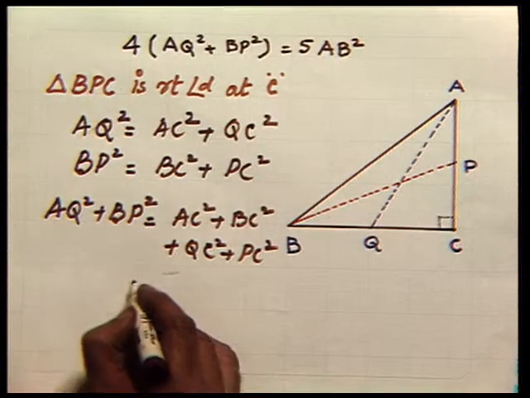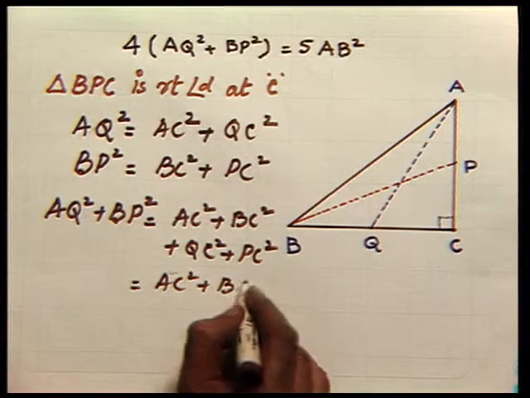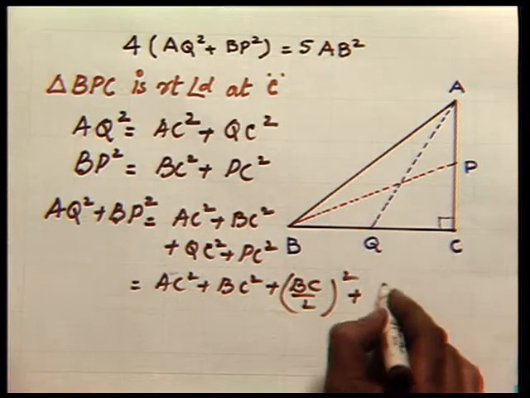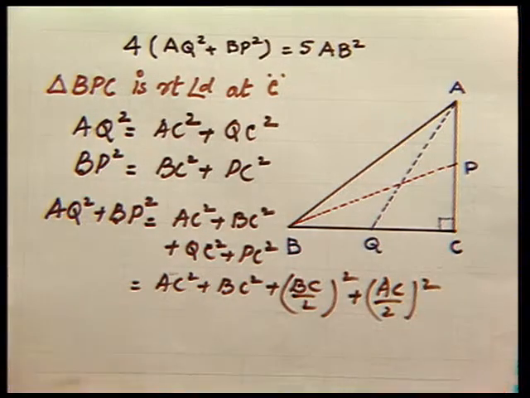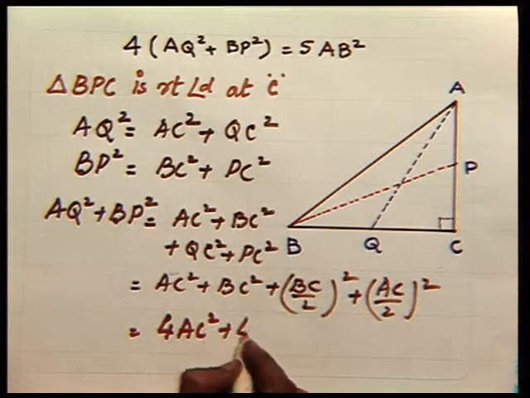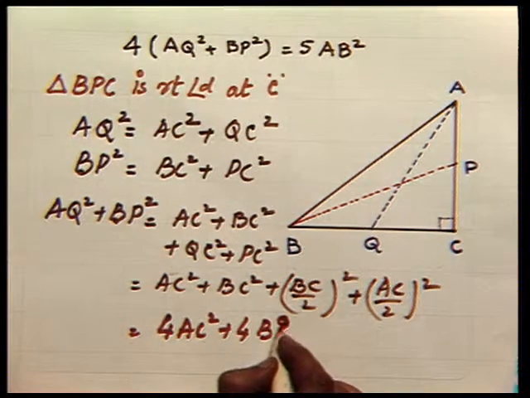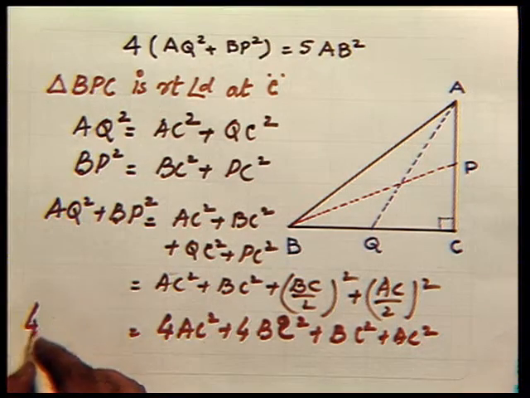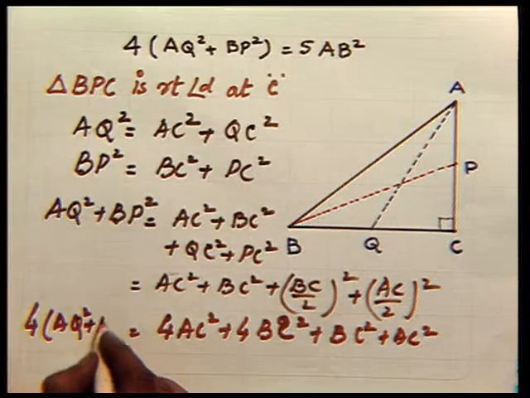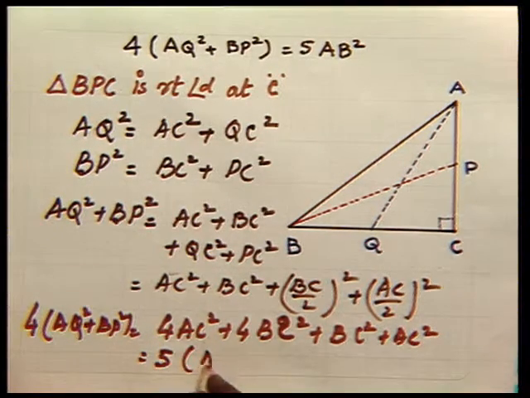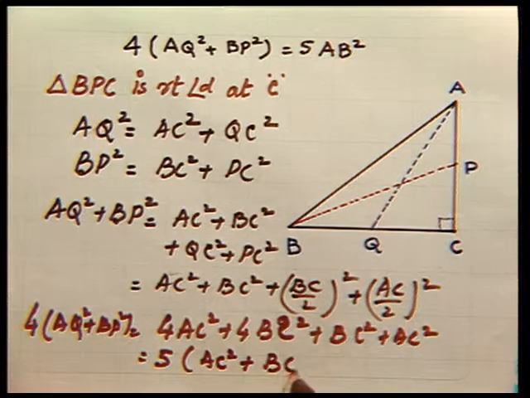So, making this transformation, we get AC squared plus BC squared plus BC upon 2 whole squared plus AC upon 2 whole squared, which on simplification will give us 4 times AC squared plus 4 times BC squared plus BC squared plus AC squared, and this will be equal to 4 times AQ squared plus BP squared, and this part becomes 5 times AC squared plus BC squared.